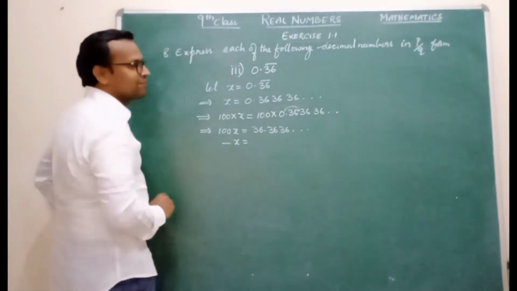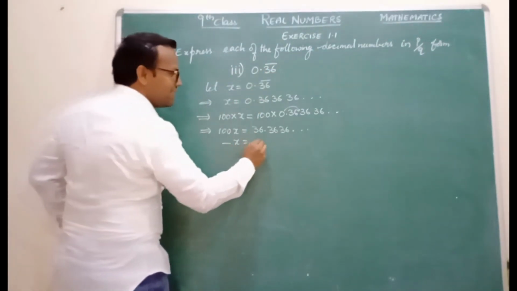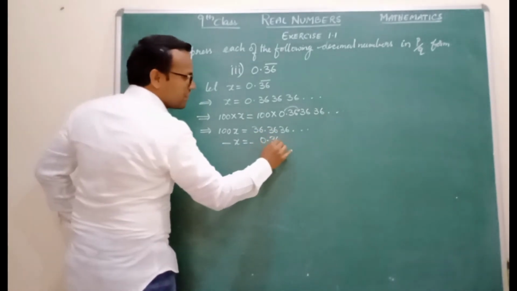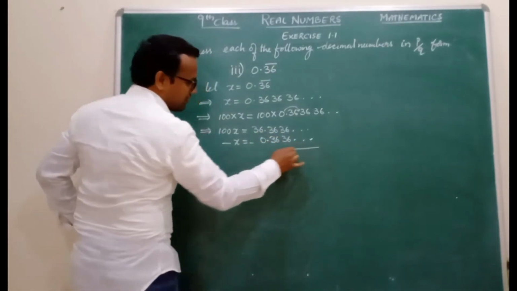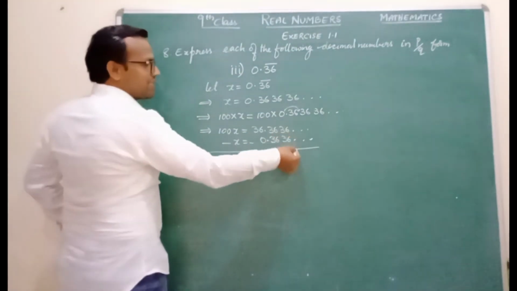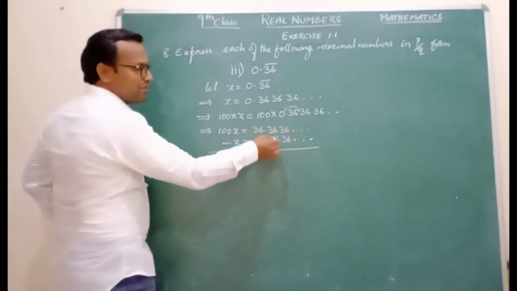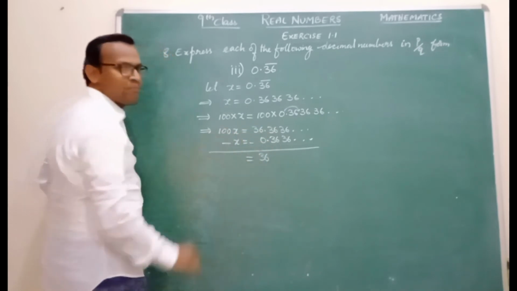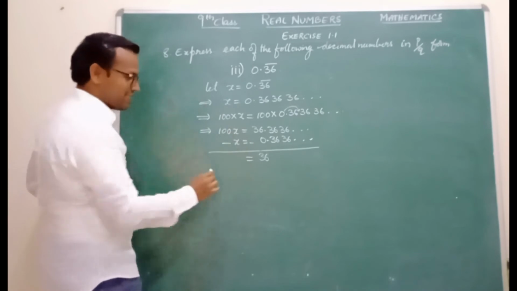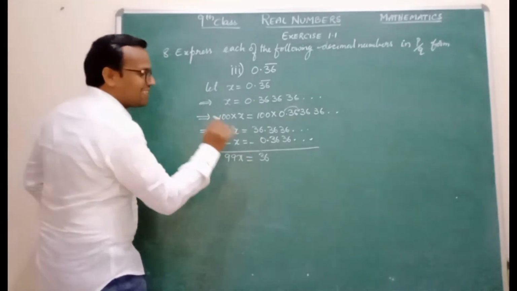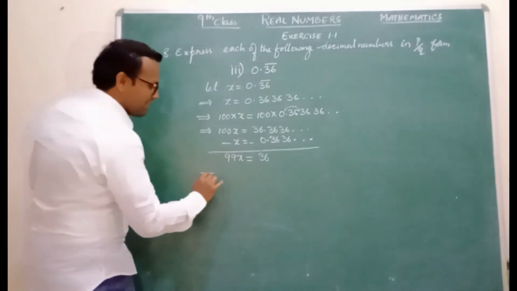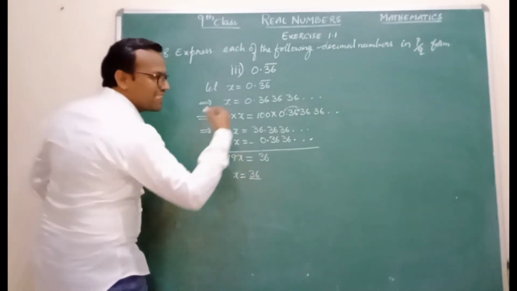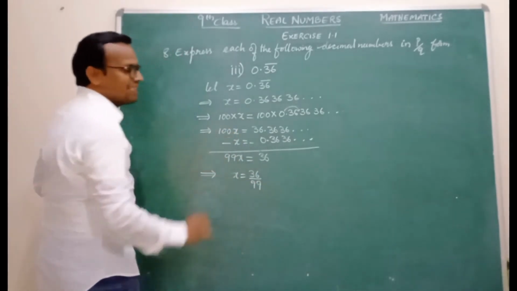Minus x. So what is x? 0.3636 so on. Now 6 minus 6 is 0, 3 minus 3 is 0, 6 minus 6 is 0, 3 minus 3 is 0. 36 minus 0 is 36. Okay. And 100x minus 1x is nothing but 99x, implies only 1x is equal to 36 by 99.